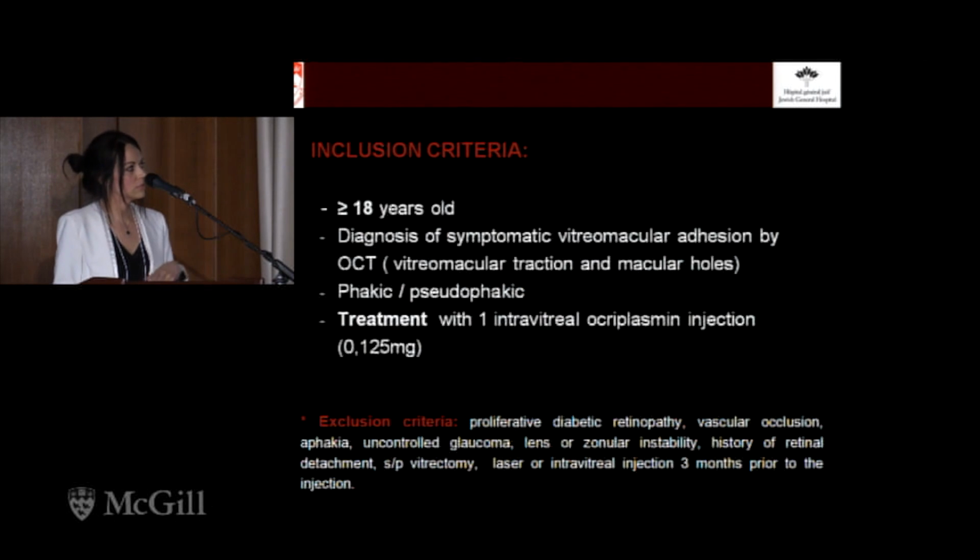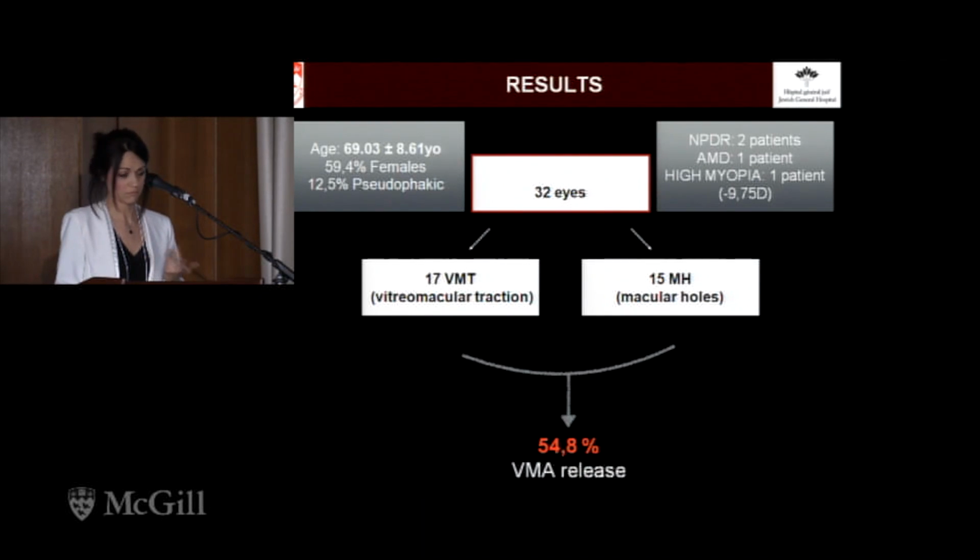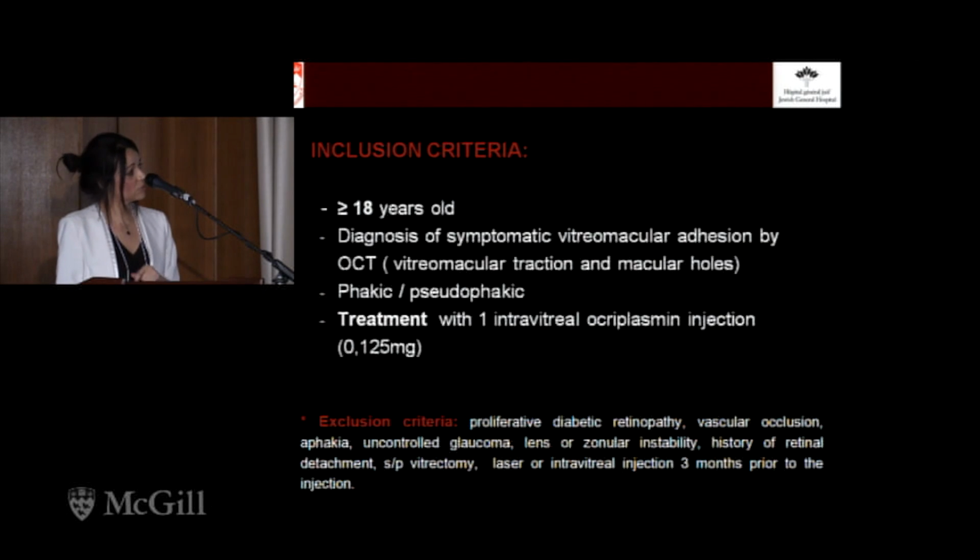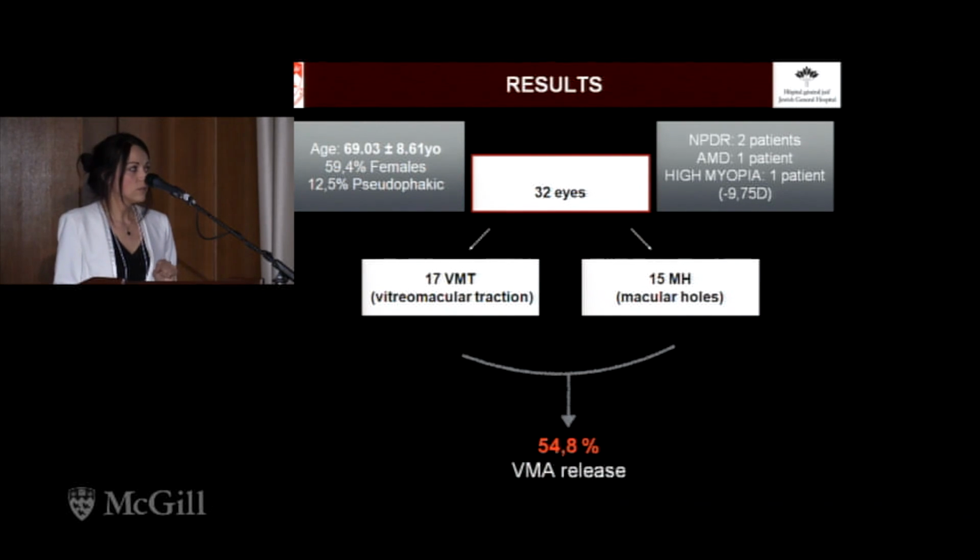We included patients over 18 years old with a diagnosis documented by OCT of symptomatic vitreomacular traction, vitreomacular adhesion, VMTs, and macular holes, phakic and pseudophakic, who received 1 injection of ocriplasmin. So we included 32 eyes, 17 were VMTs, 15 were macular holes.